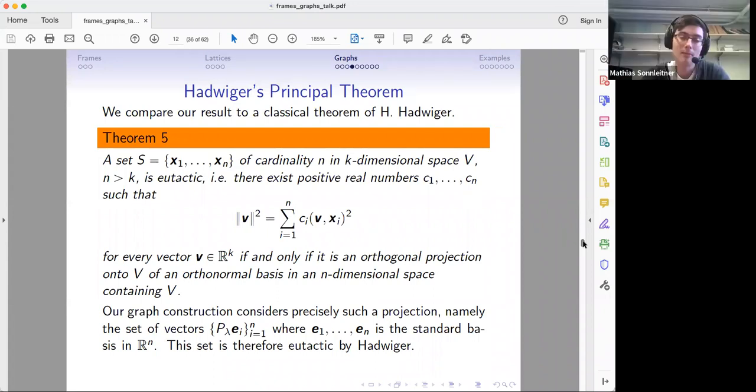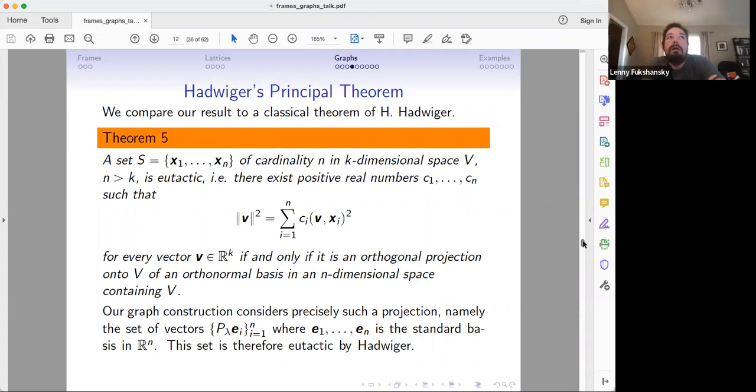Let's say we start with the set of minimal vectors of some very nice lattice, with nice properties in the set of minimal vectors. How do I define a graph?